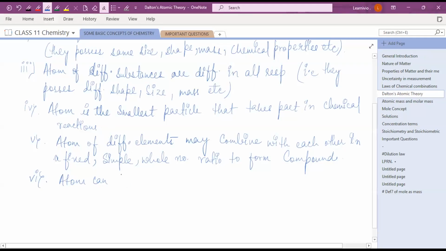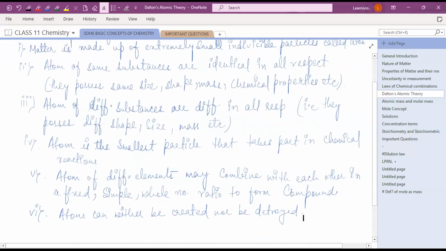Atoms can neither be created nor be destroyed, meaning atoms are indestructible. You can't destroy an atom.